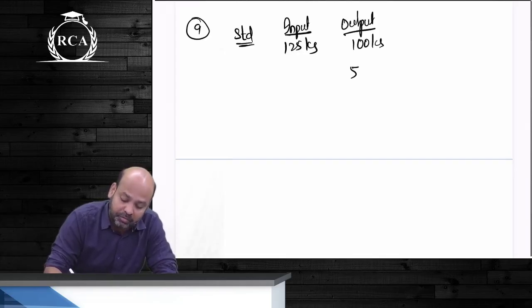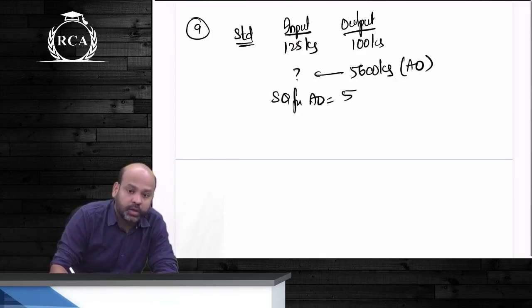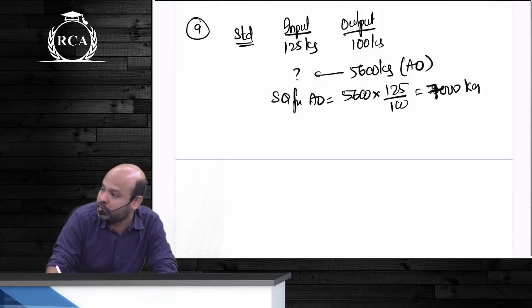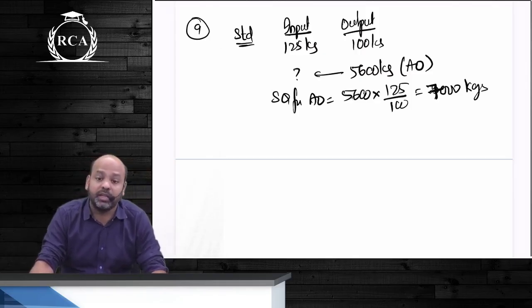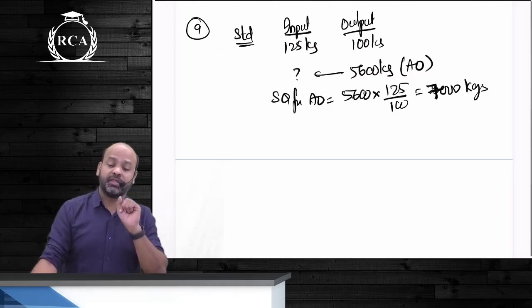That means to manufacture an actual output of 5,600 kgs, what should be the quantity of raw material? You should have manufactured only 56 batches. To manufacture 5,600 kgs, you should have manufactured only how many batches, beta? 56. Where did 56 batches come from?